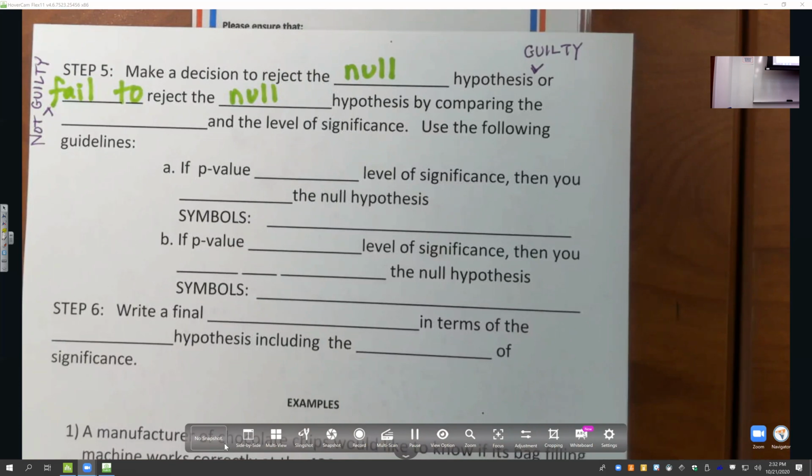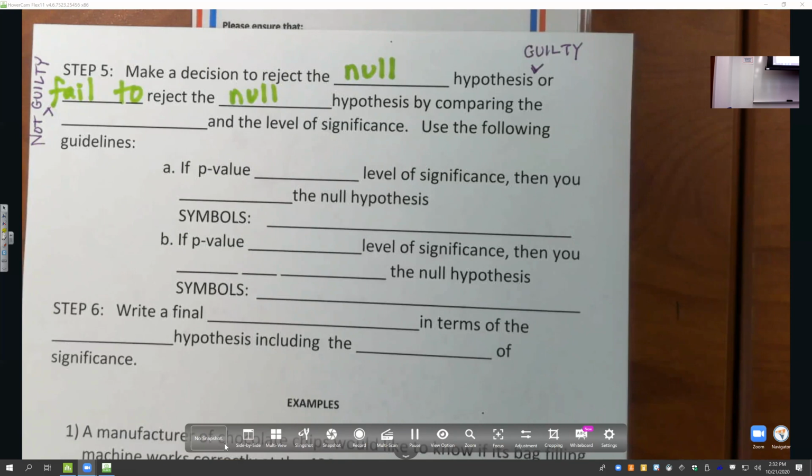They're simply not guilty based on the evidence presented, or they're guilty based on the evidence presented. There is that possibility that they actually performed the crime, but the evidence doesn't allow you to know that. They don't have enough evidence to prove it.